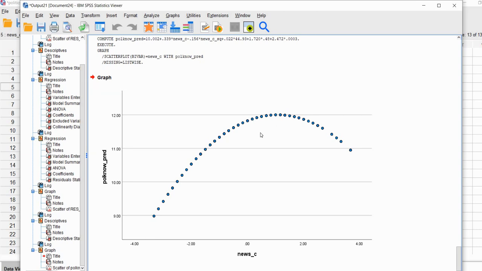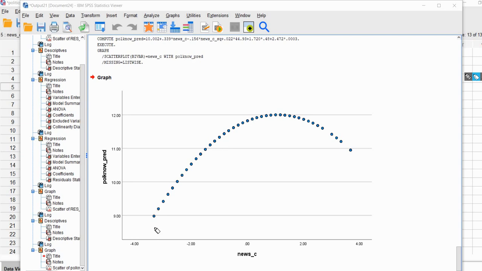As you can see, we've got a nice bowl shape in our output right here. Basically an upside down bowl, nevertheless it is a bowl shape. What this is indicating is that the relationship between news consumption and political knowledge is not constant.